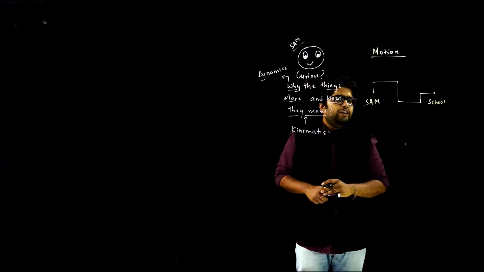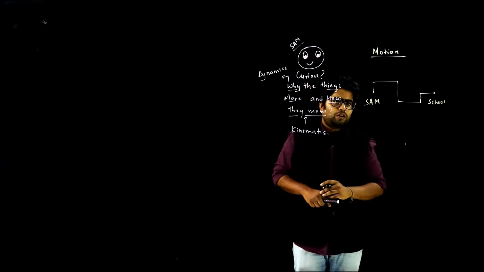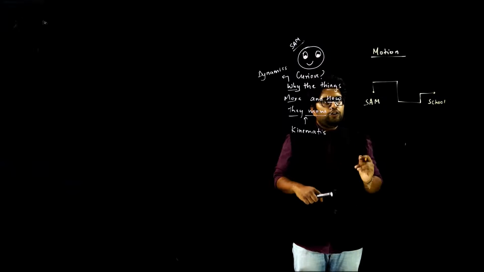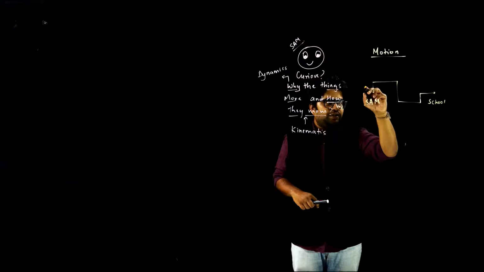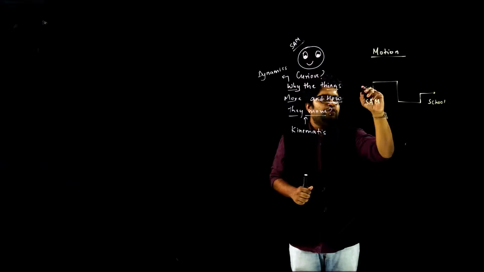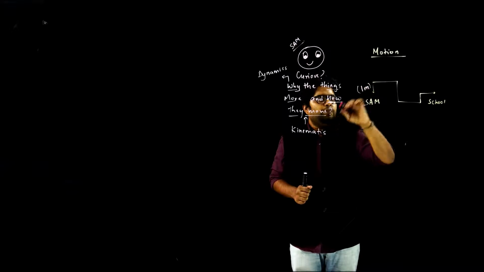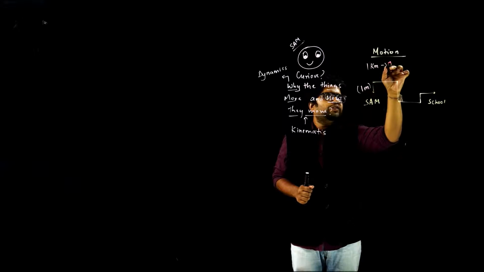Then Sam tried to understand how much distance I am traveling actually, or how much path length I am traveling actually. So he took a meter scale and he tried to measure this distance. So let's say this distance was 1 meter, or I have made it small, which means 1 kilometer is equivalent to saying 1 meter.